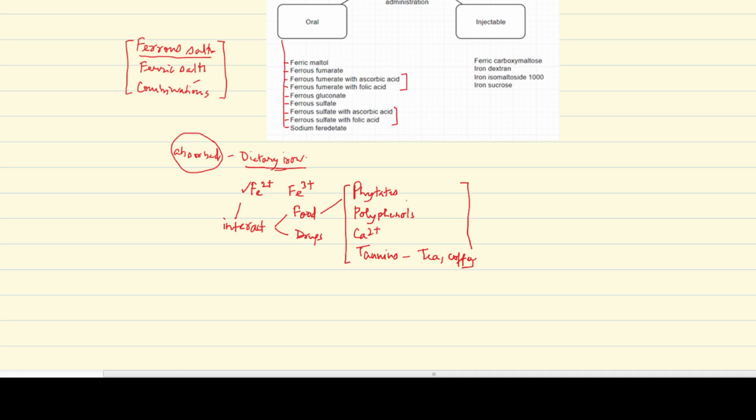Okay, so what happens is these substances which are present in the diet will oxidize the ferrous form to ferric.